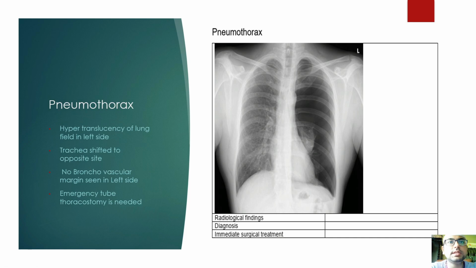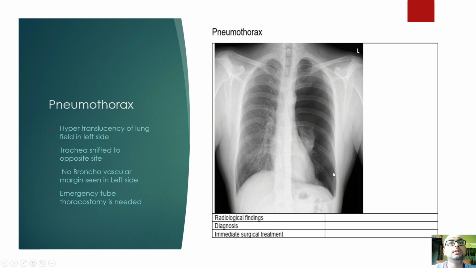Okay, so this is another common X-ray, pneumothorax. Here you can see the X-ray of the chest in posterior anterior view, showing the lung field is elongated because this is a patient of COPD, a barrel-shaped chest.